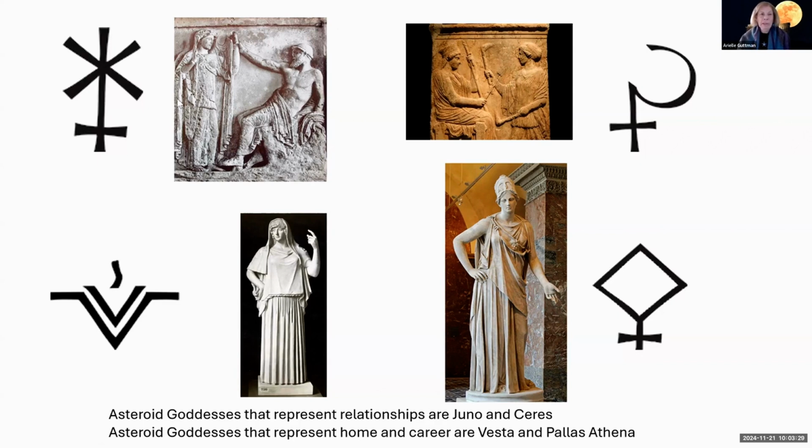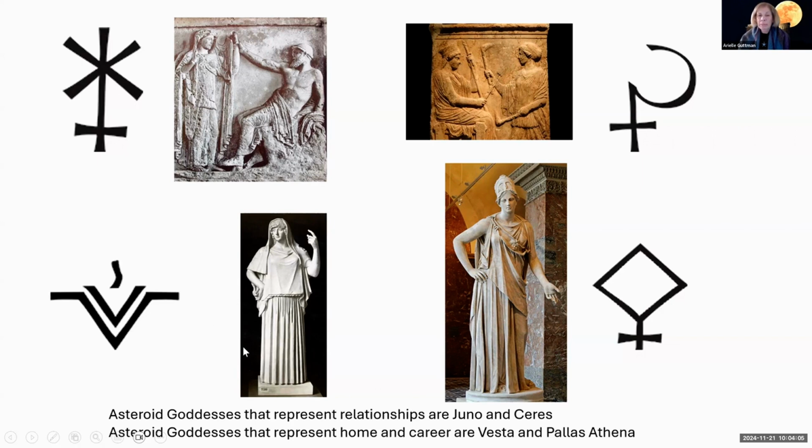Juno, particularly with partnership, Zeus and Hera here, and Ceres, particularly with the mother-daughter relationship, because there was a very big backstory about Ceres and her daughter Persephone. So there's often mother-daughter stories coming up around the Ceres zone, and relationship or marriage stories coming up around the Juno area.